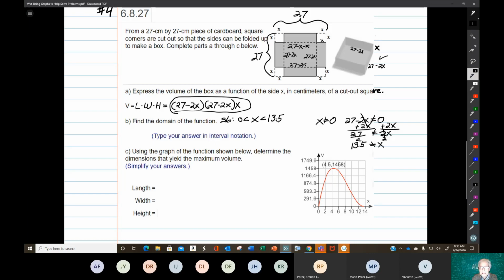I mean, what if x were bigger than 13.5? Then what would I have? Say x were 14. Then I would have this side being 27 minus 2 times 14.